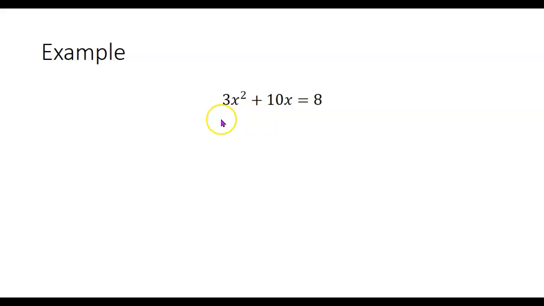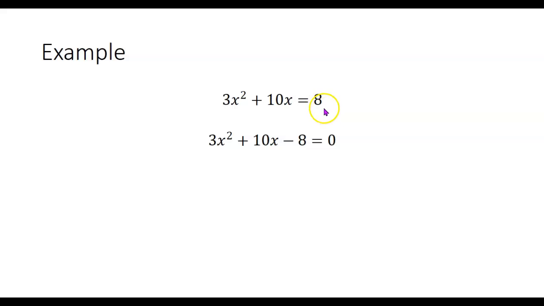Let's use it to solve the equation 3x squared plus 10x equals 8. And by the way, this is an example of an equation that could be solved by factoring, but it can also be solved by the quadratic formula. So let's do it that way. First thing to do is to get everything on one side equal to 0 on the other side.